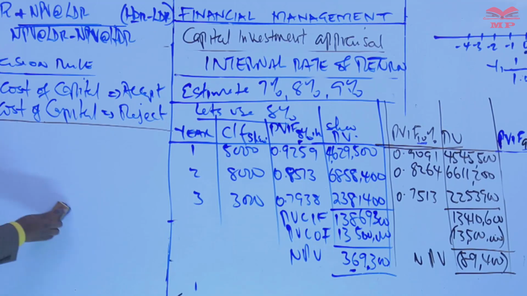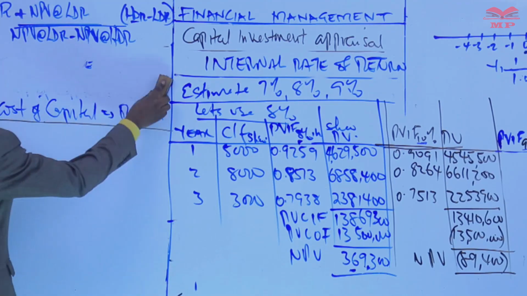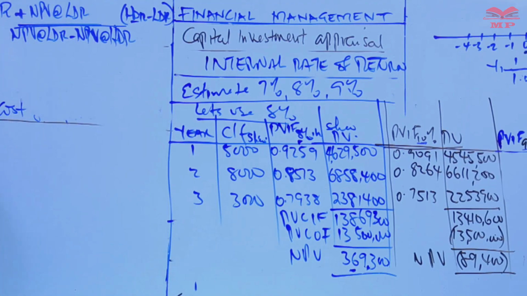Okay, so then we can go ahead and plug in these inputs. What is the lower discounting rate?